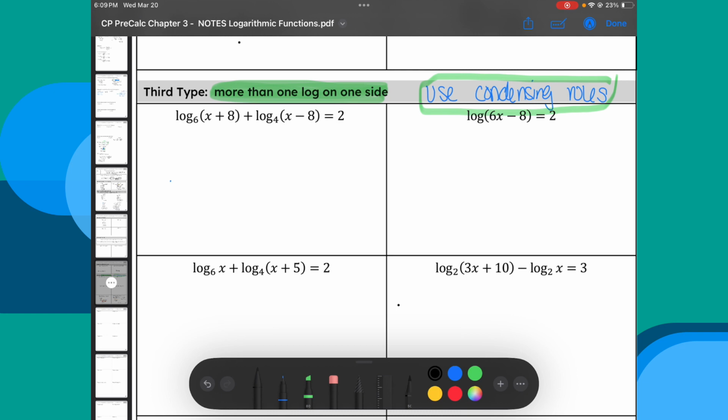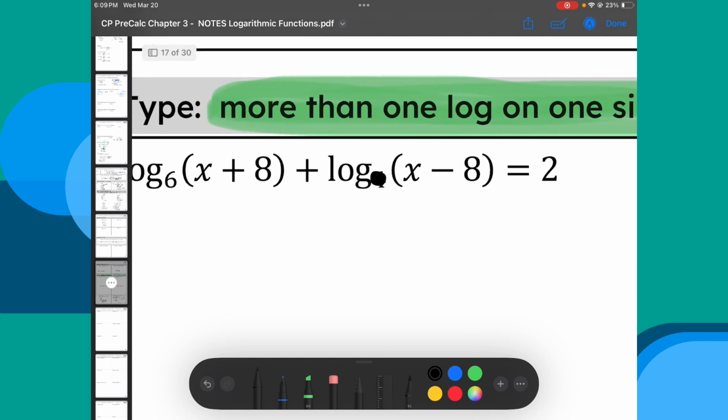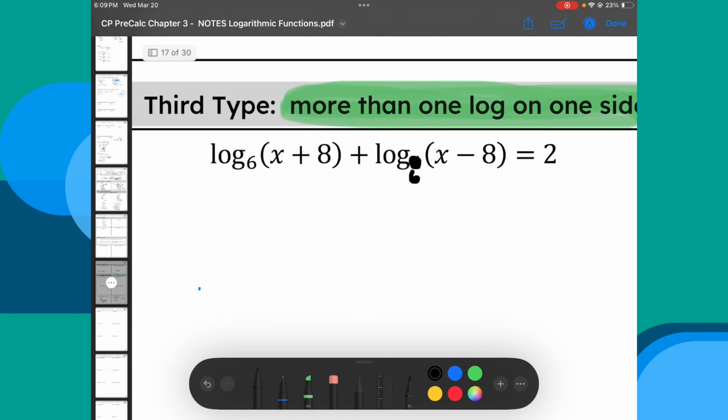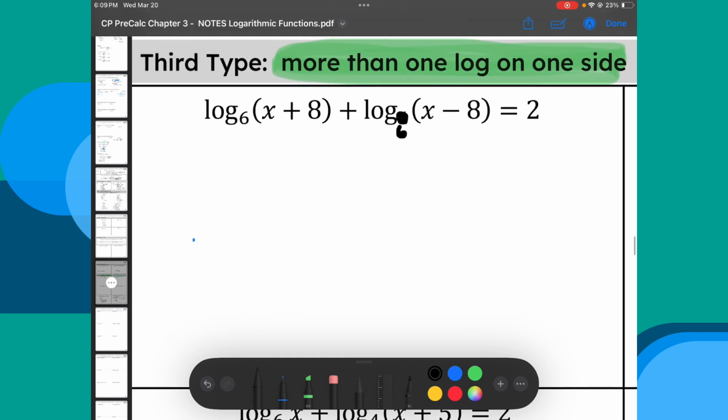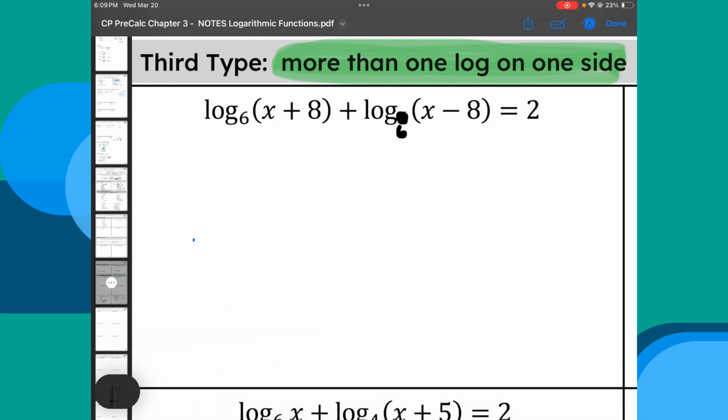I do have a typo here in this one, this 4. I apologize, it should be a 6. All right, so let's start out with taking a look at how many logs we have. We have 2, and they happen to be on the same side. So I'm going to use my condensing rules to bring these together. So that means that I would have log base 6.